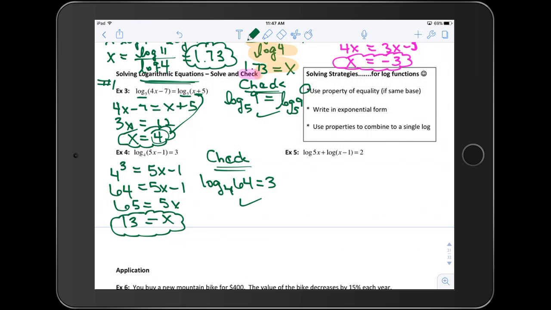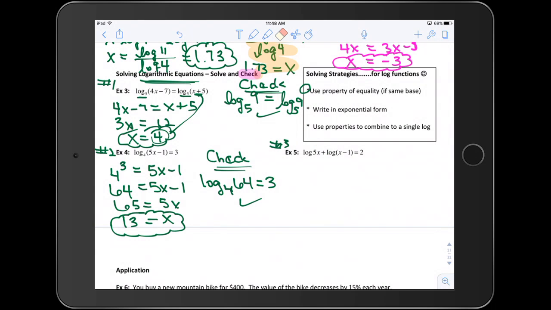Now we have this last example in this section. We have log 5x plus log of x minus 1 quantity equals 2. Now again, there's no log on the right side, so I cannot use that first strategy. Notice that we have a plus right here. So this is when we're going to use this strategy right there. So again, we use the first strategy there, we use the second strategy there, and we're using the third strategy here to start with at least.